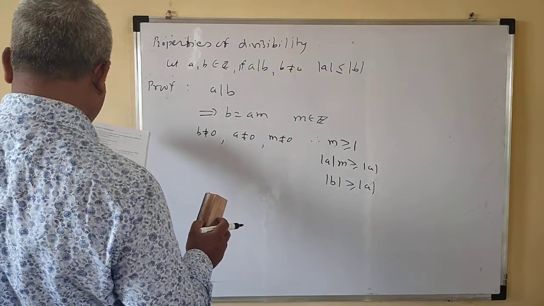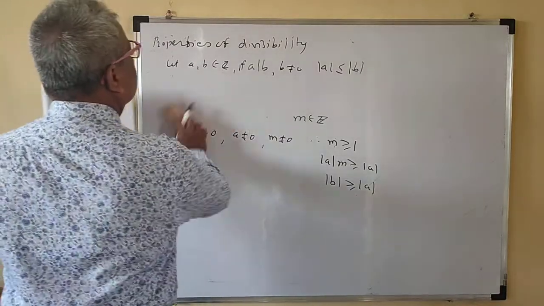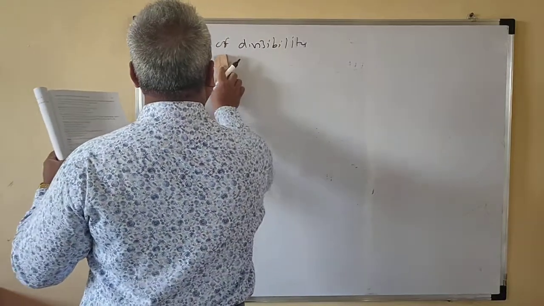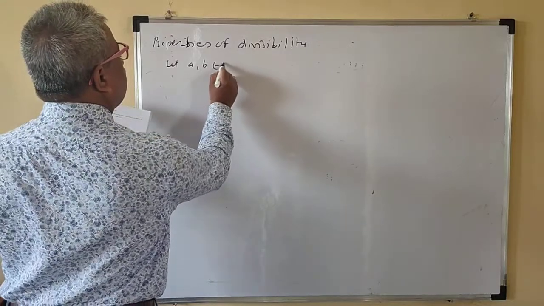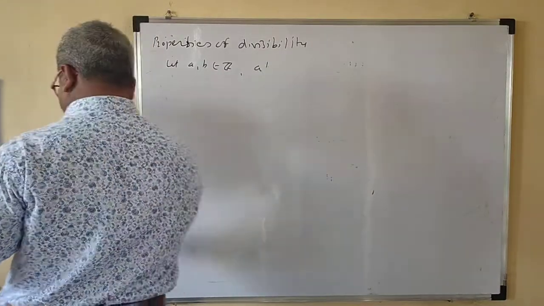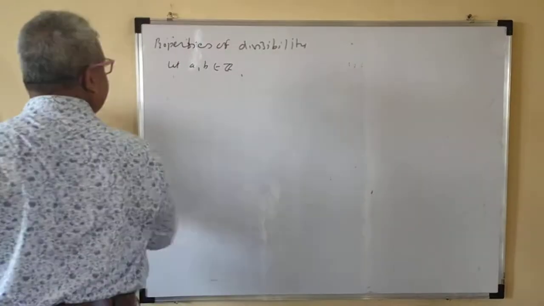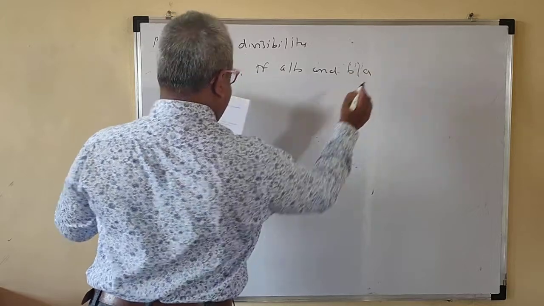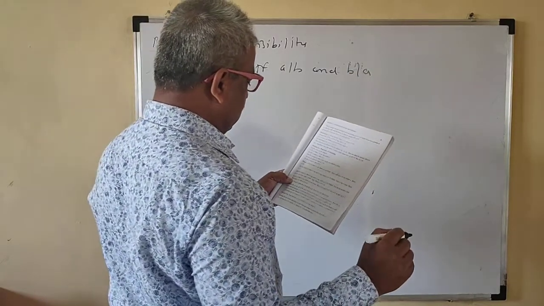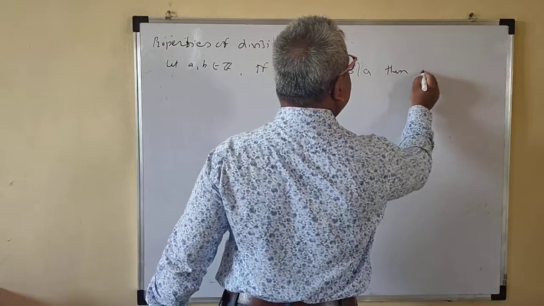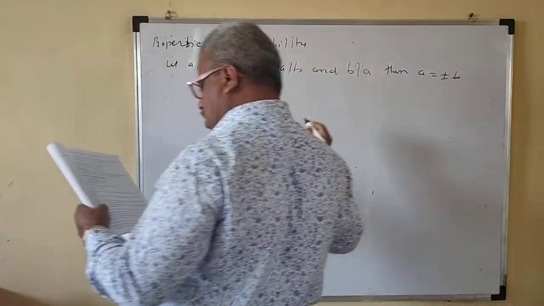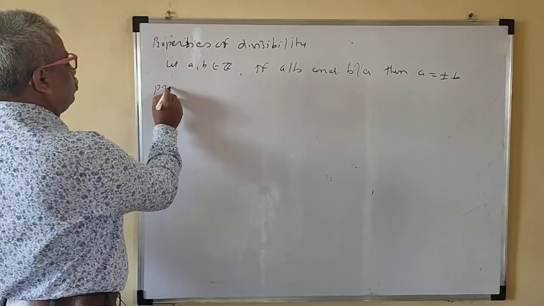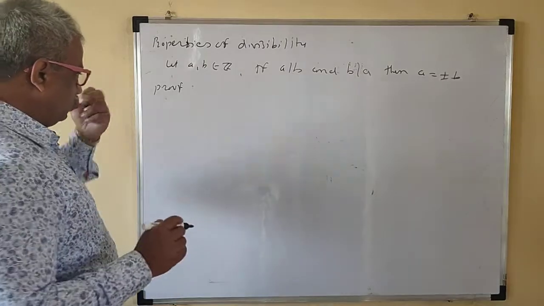Next. If A divides B, A and B belong to Z, the next property: if A divides B and B divides A, then A is equal to plus or minus B. Okay, so the proof.